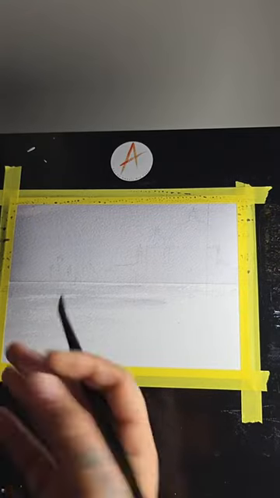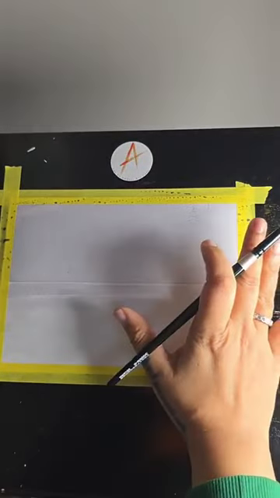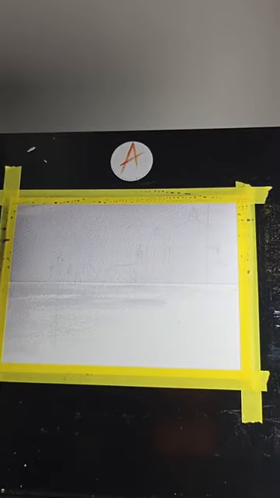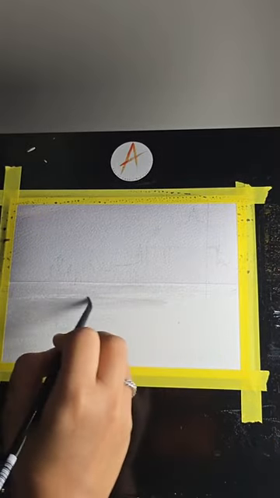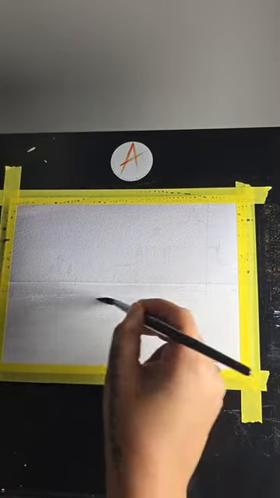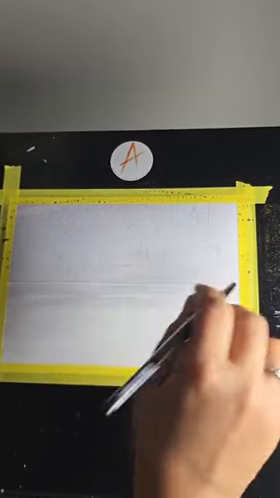So if it is looking like this right now, it is going to look lighter once the paper is dry. So always keep it in mind while putting the mixture on the paper, and with experience you will know how much pigment to use for a certain kind of saturation.